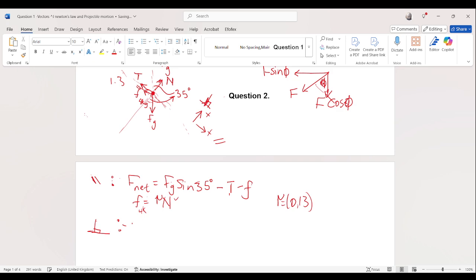We know that normal force is pointing upwards, so it is positive.